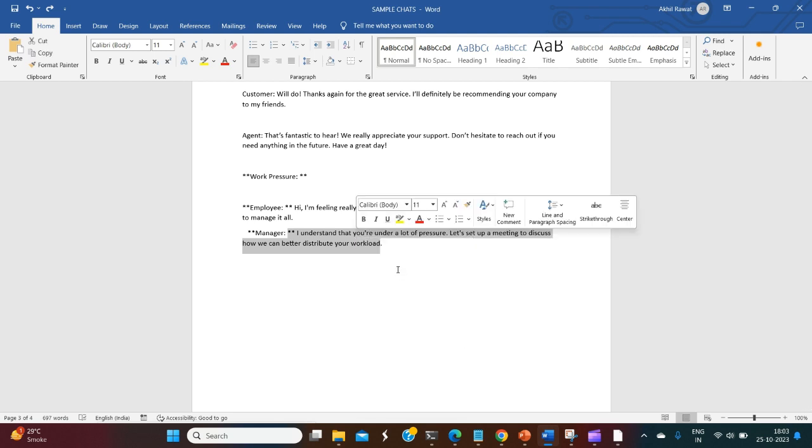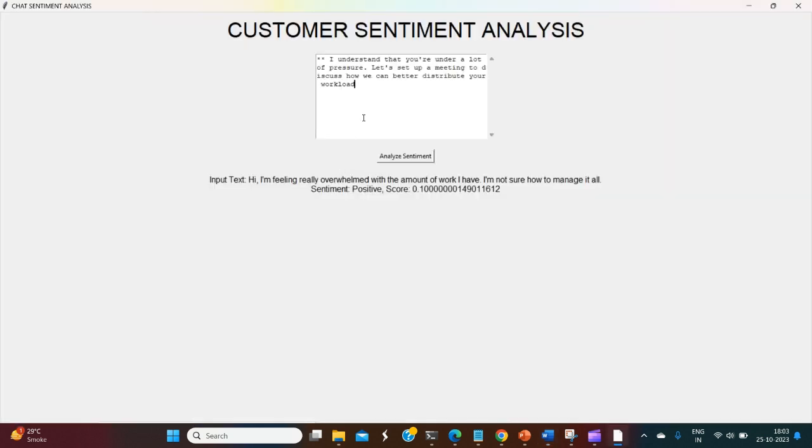And this one, when the manager replied, we will see what is happening. See, even though the manager has replied well, it got negative sentiment. So that's what is happening. I was thinking that the first line is negative, the second line is positive, but sentiment analysis has its own algorithm and its own judgment. The whole conversation becomes something else, and if we break it, it is something else.